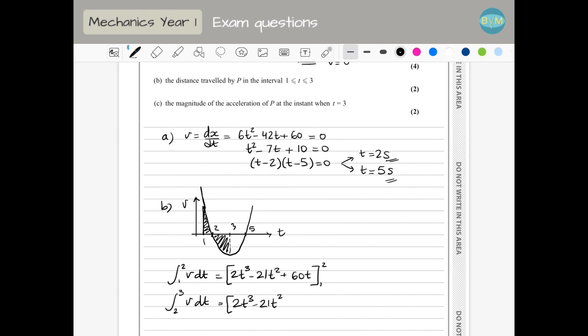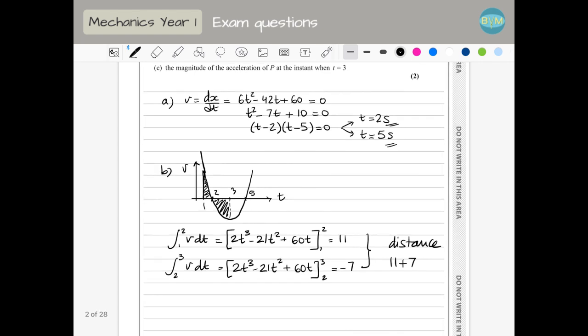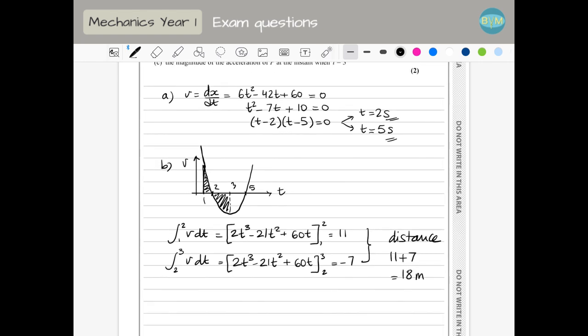If we substitute the 2 and then we substitute the 1 and we subtract, I'm going to give you just the answer because I don't want to copy everything, but I would recommend in the exam, substitute the 2 minus substitute the 1, so leave your working clear. So this is 11 and this is negative 7. So the distance is both of them, but positive, added together. So 11 plus 7, 18 meters.